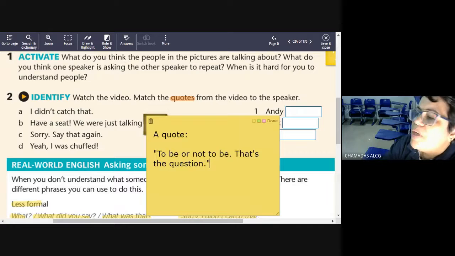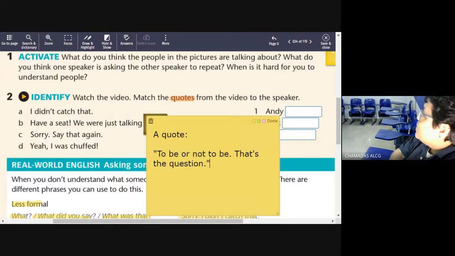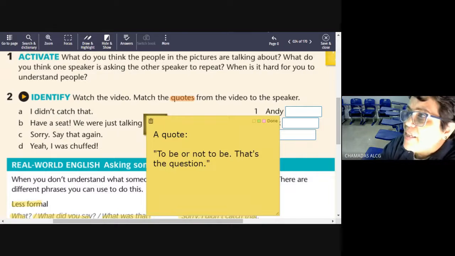To be or not to be? That's the question. Who said that? Does anybody know, guys, who said this sentence? To be or not to be? That's the question. Any idea?